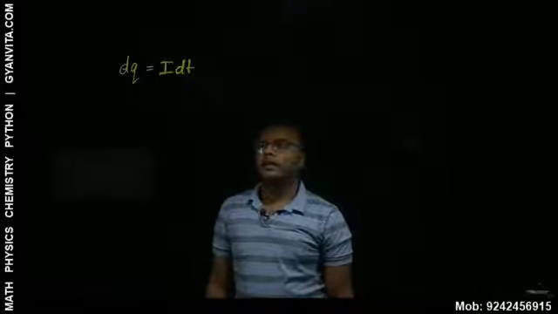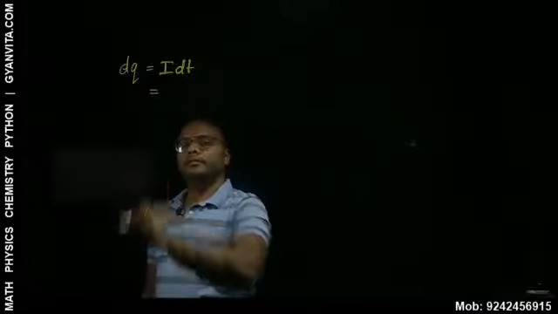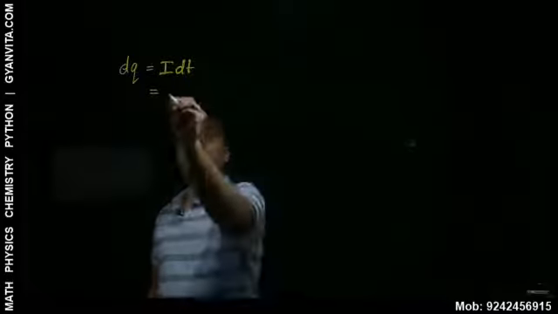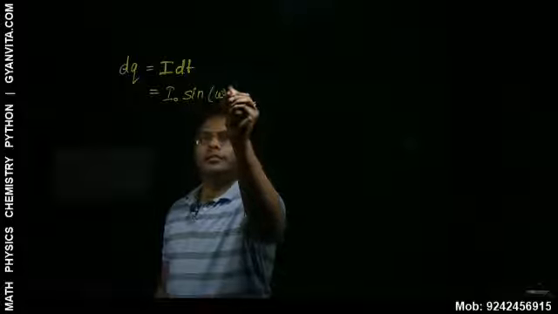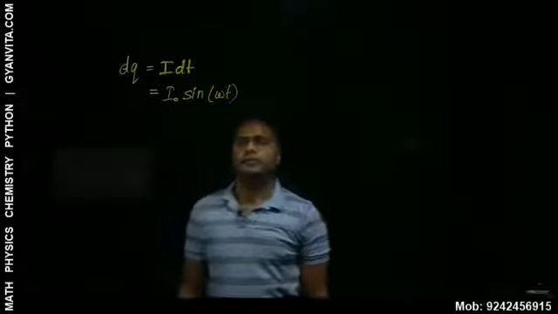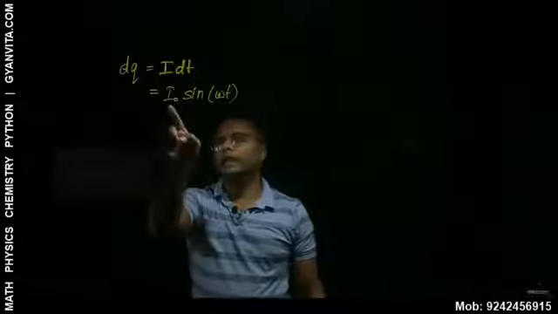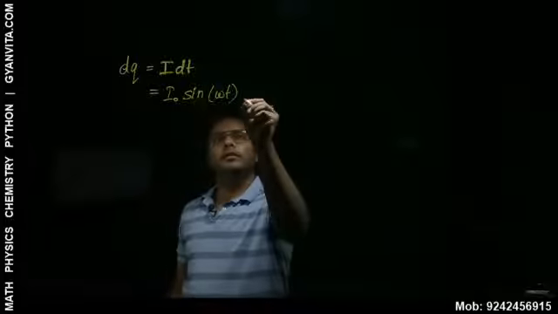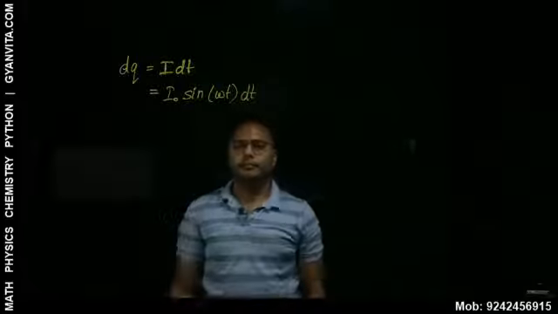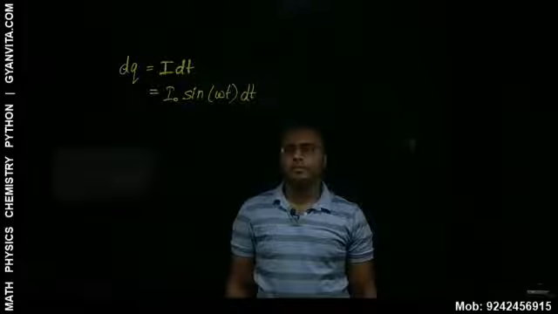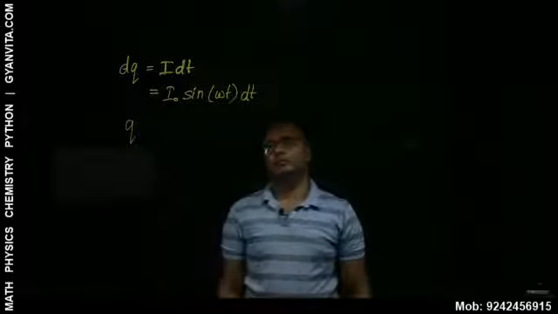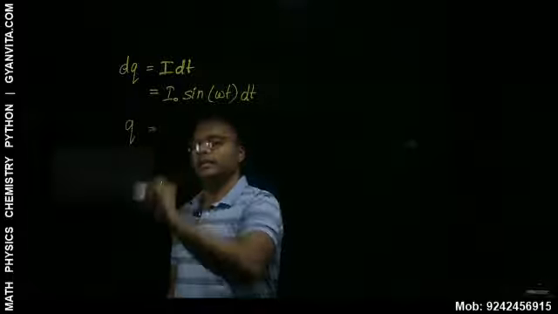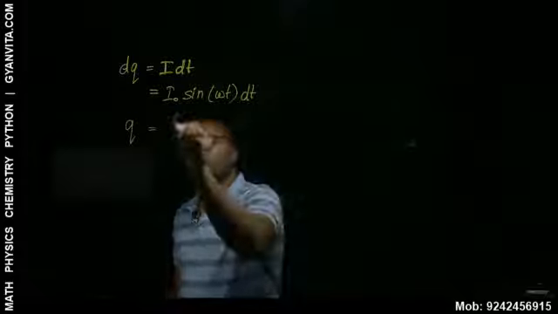And what exactly is I? I is I naught sine omega t. So dq will be I naught sine omega t dt. Clear? Now if I have to find the total charge which has to be generated, in what time?